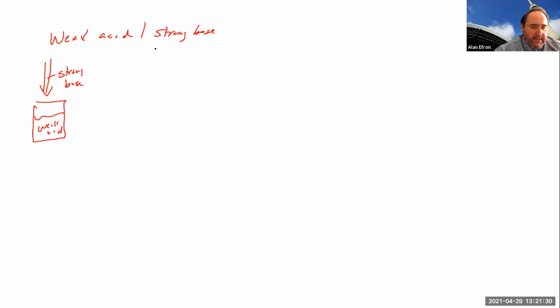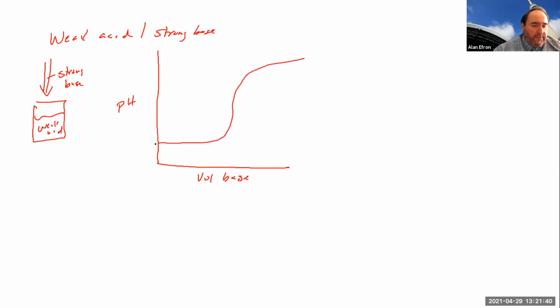And again, we get a similar titration curve. It also has those same 4 spots: our initial spot, before the equivalence point, at the equivalence point, and after the equivalence point.